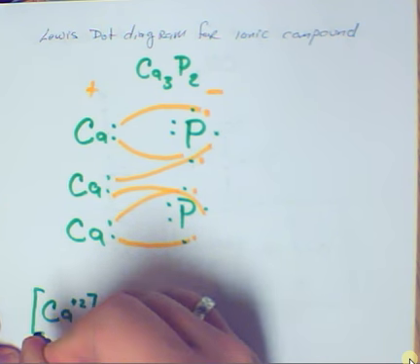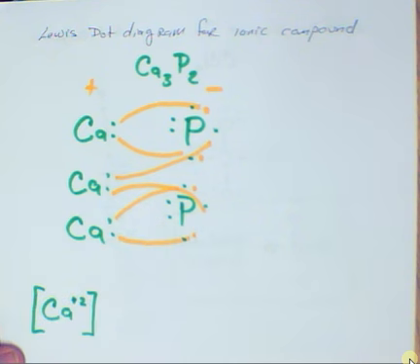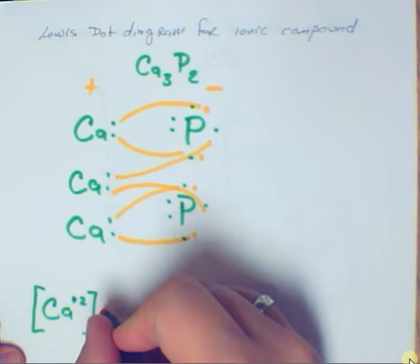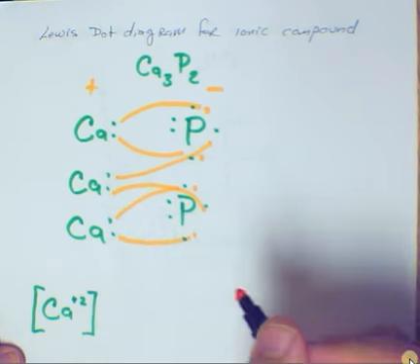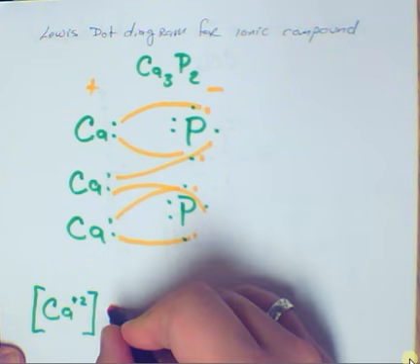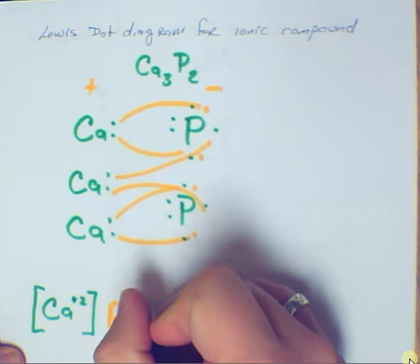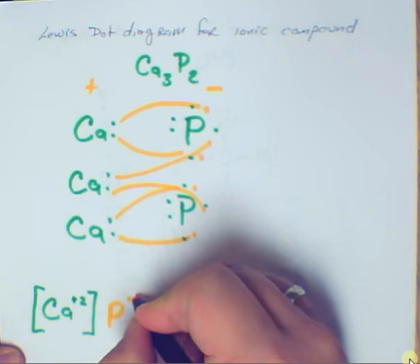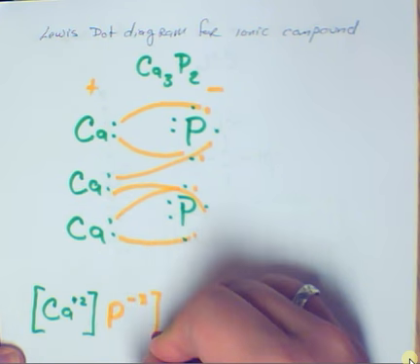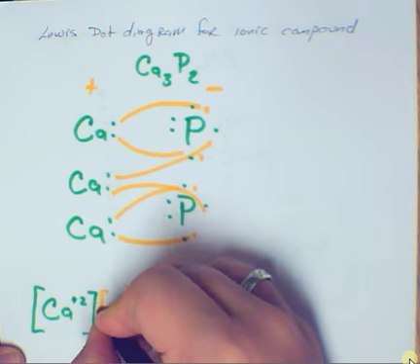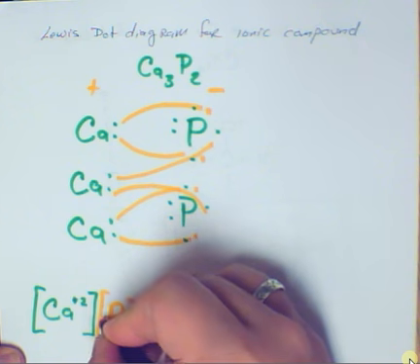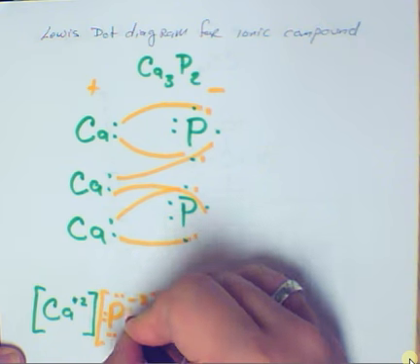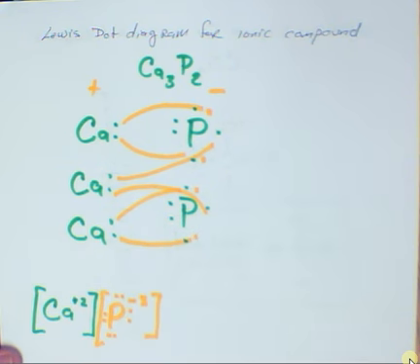And since each calcium gave up 2 electrons, you get a charge of positive 2. And each phosphorus gained 3 electrons, so it has a charge of negative 3. But it still has all 8 of its electrons.